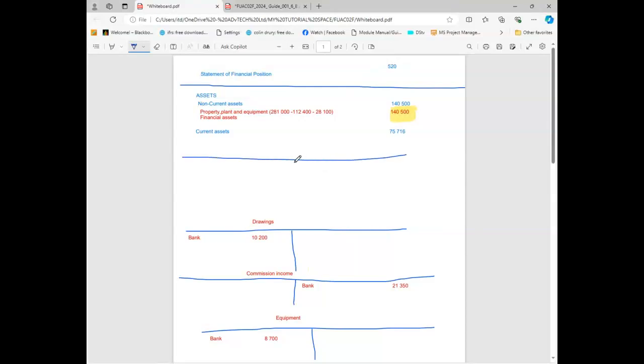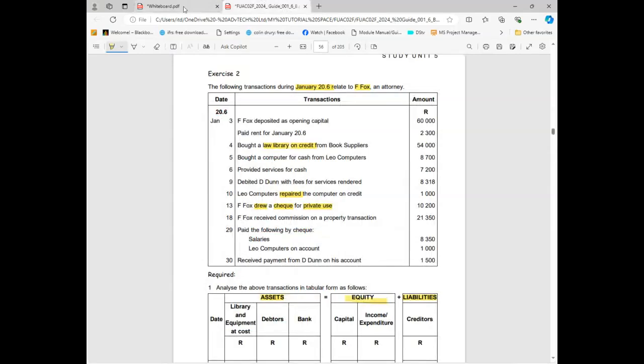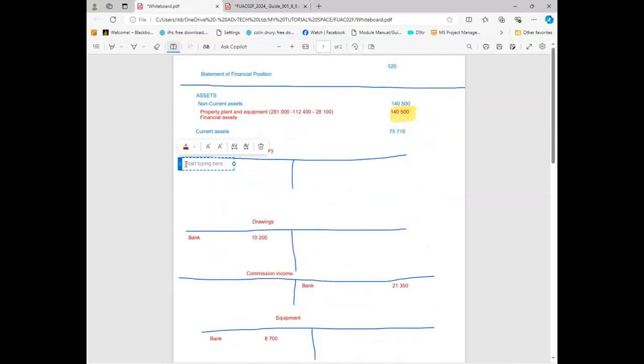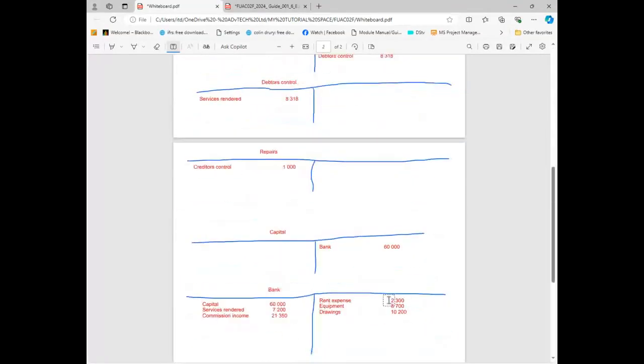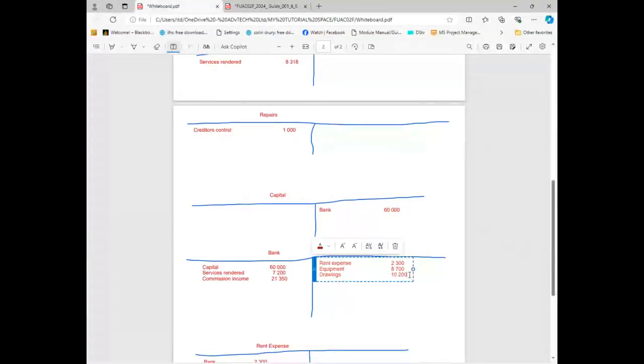Salary here. And which side of the salary? Salaries would be debit, credit bank. Let's start with the bank. It will give us a hint, credit. And then we start on the debit side, salary.